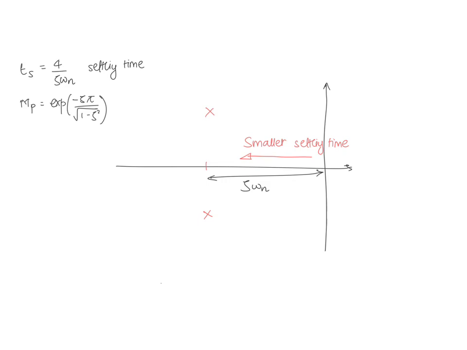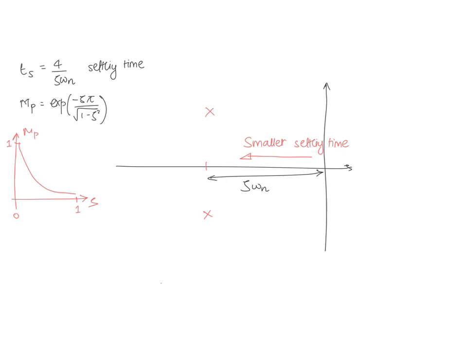The peak overshoot versus damping curve, which we drew in class, went something like this. So this was peak overshoot versus zeta. We saw that for zeta equals 1, you don't have any peak overshoot, whereas for zeta equals 0, you have peak overshoot equals 1, as in it overshoots by 100%.